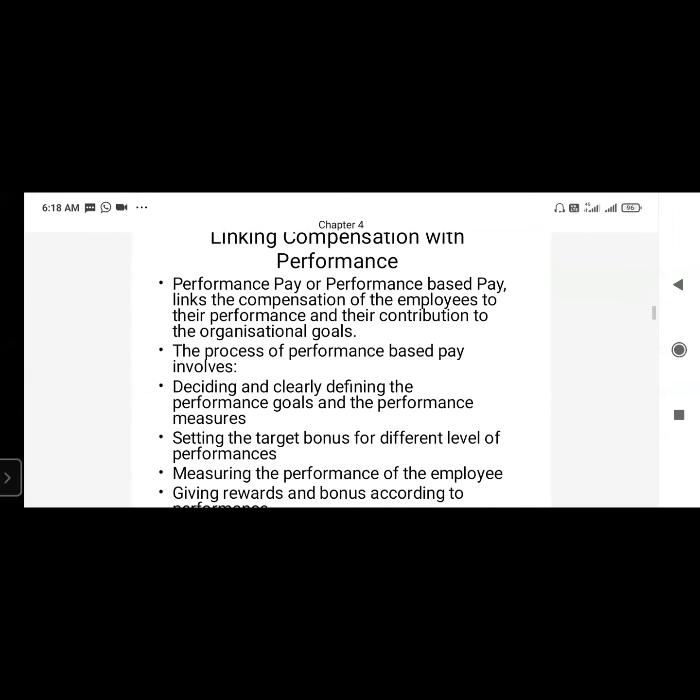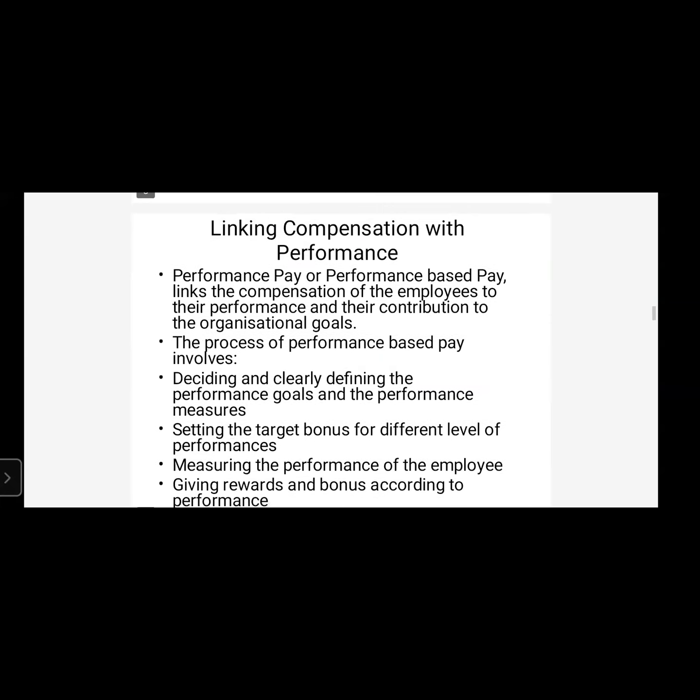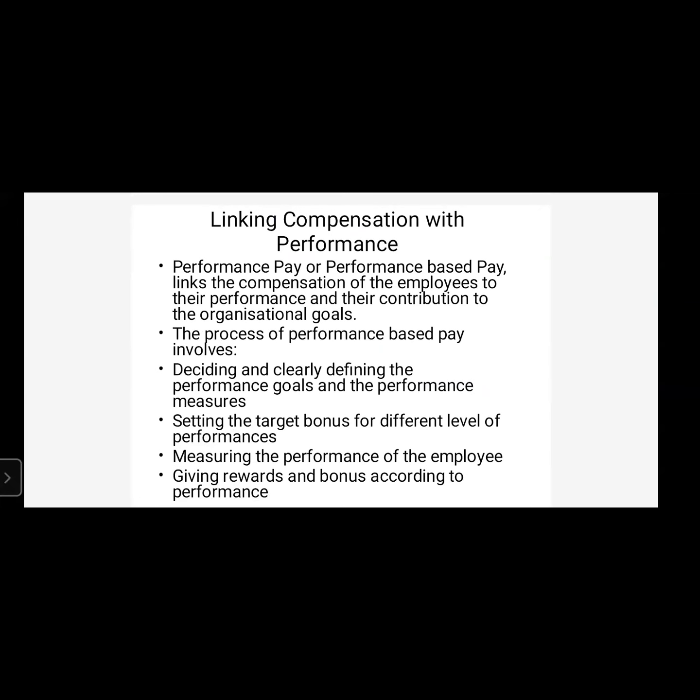Next one is linking compensation with performance. Now, linking compensation with performance is very simple. When the salary is linked with performance, it increases with increased performance. That is called linking compensation with performance. Performance pay or performance based pay links the compensation of the employee to their performance and their contribution to the organizational goals. Very simple.